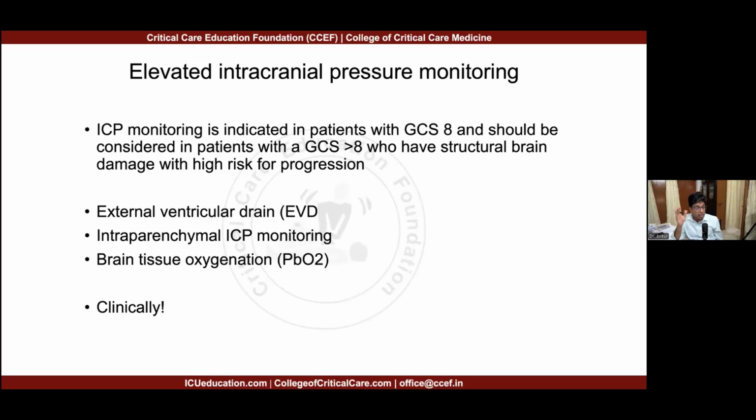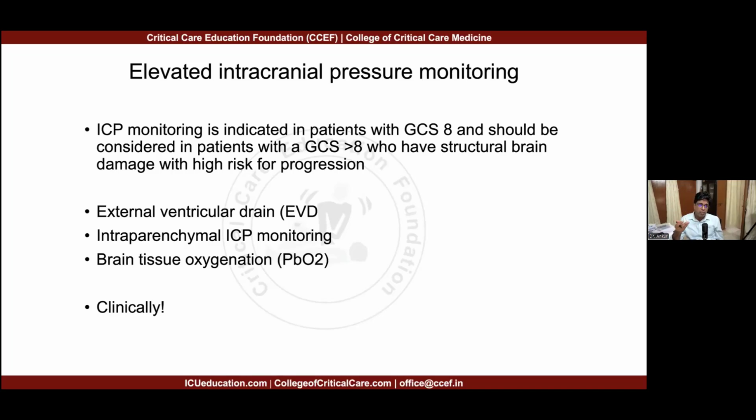So even if your setup has no ICP monitoring device, be assured that your clinical judgment, Cushing reflex, bradycardia, hypertension, pupillary monitoring, and any other signs of raised intracranial pressure, preventing secondary injury, is still very important in neuromonitoring the patients. So clinical monitoring is very important.